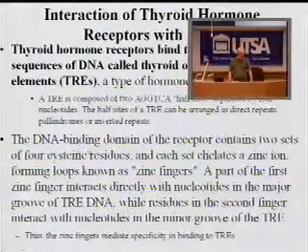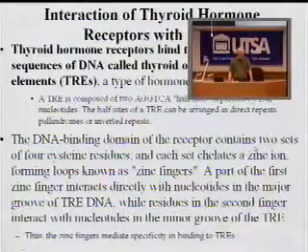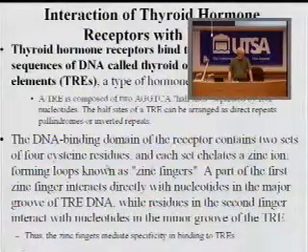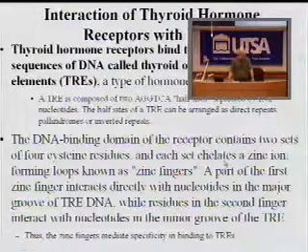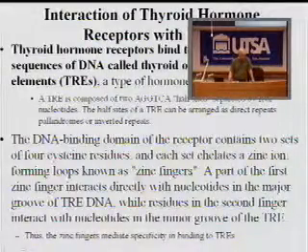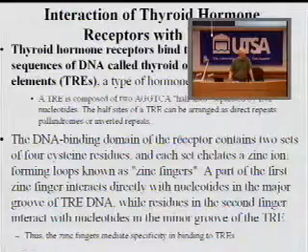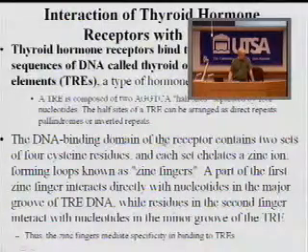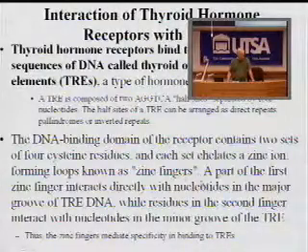The DNA binding domain of the receptor contains 2 sets of 4 cysteine residues, and each set chelates a zinc ion, forming loops known as zinc fingers. So this transcription factor is in the family of zinc finger domain transcription factors, or DNA binding proteins.